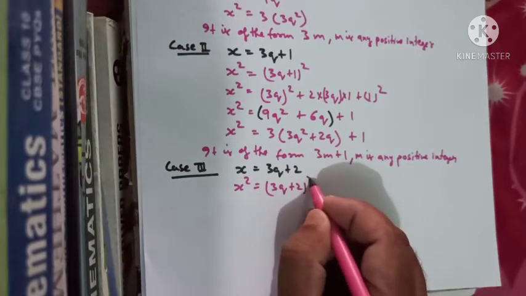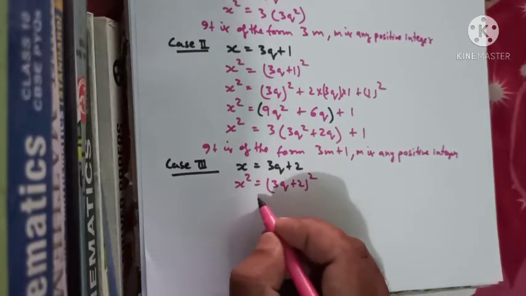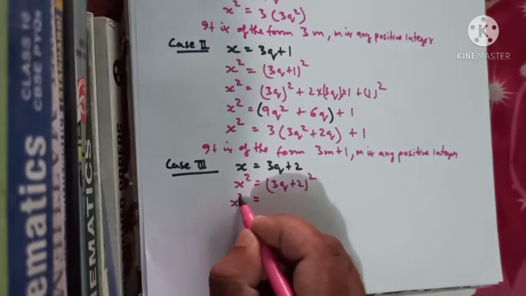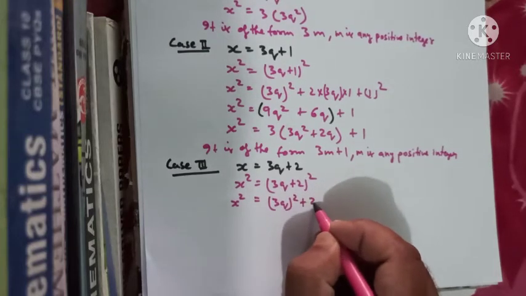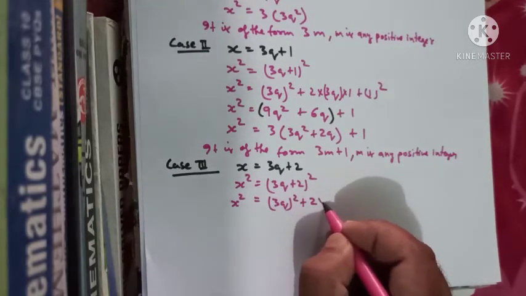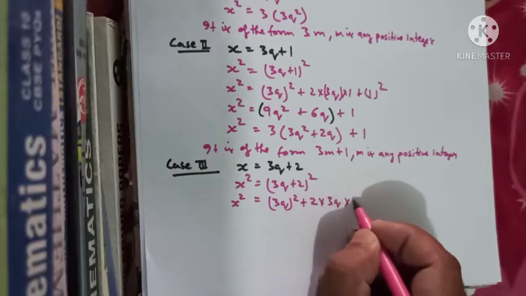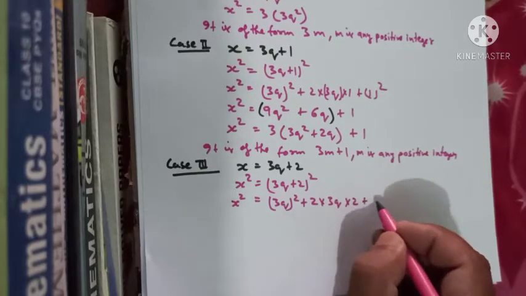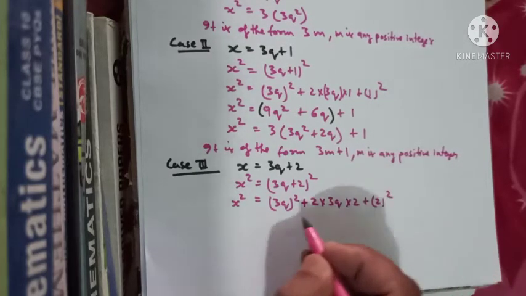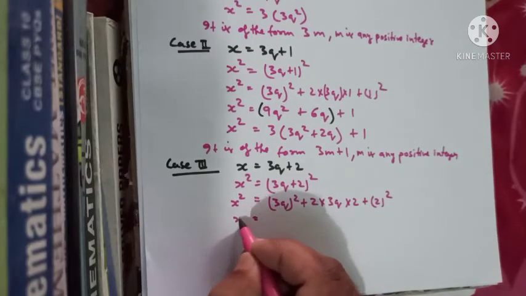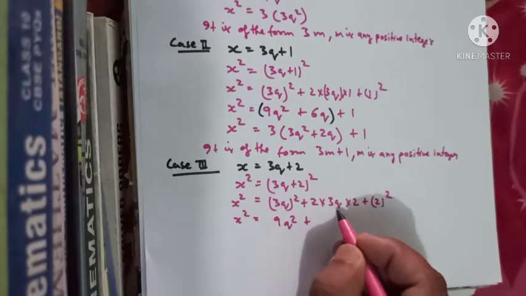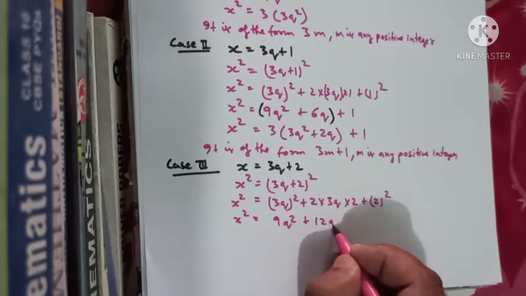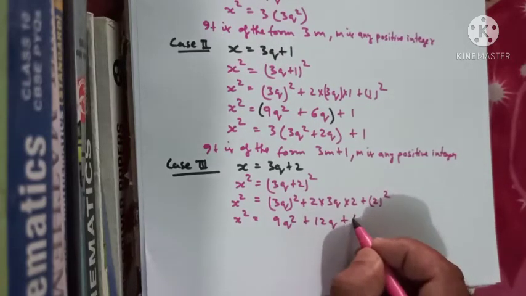Again, identity a plus b whole square will be equal to a square, that is 3q whole square, plus 2 times ab, that is 2 into 3q into 2, plus b square. So 3q whole square will be 9q square plus 2 times 3 times 2, that is 12q, plus square of 2 is 4.